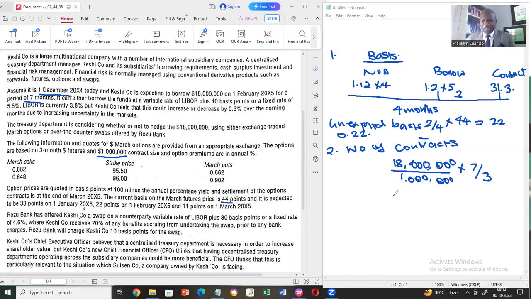So if you calculate there, it should be 42 contracts.